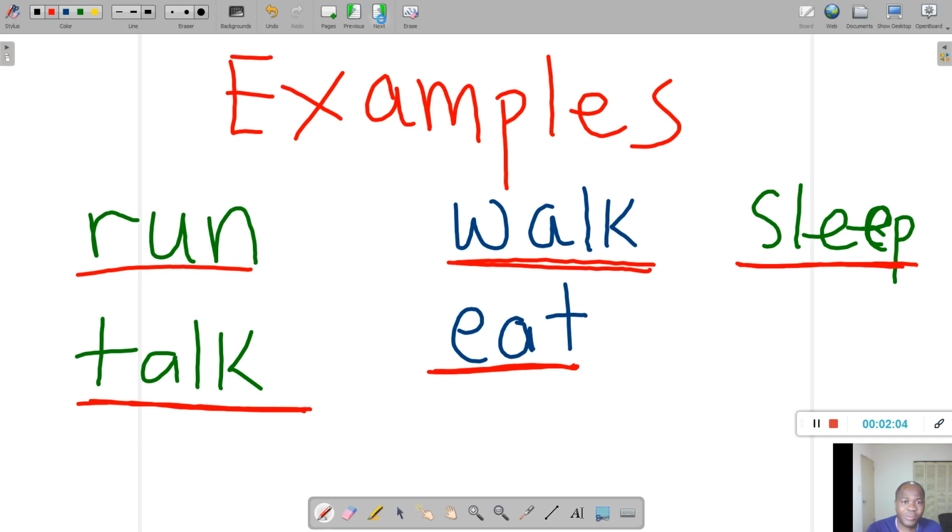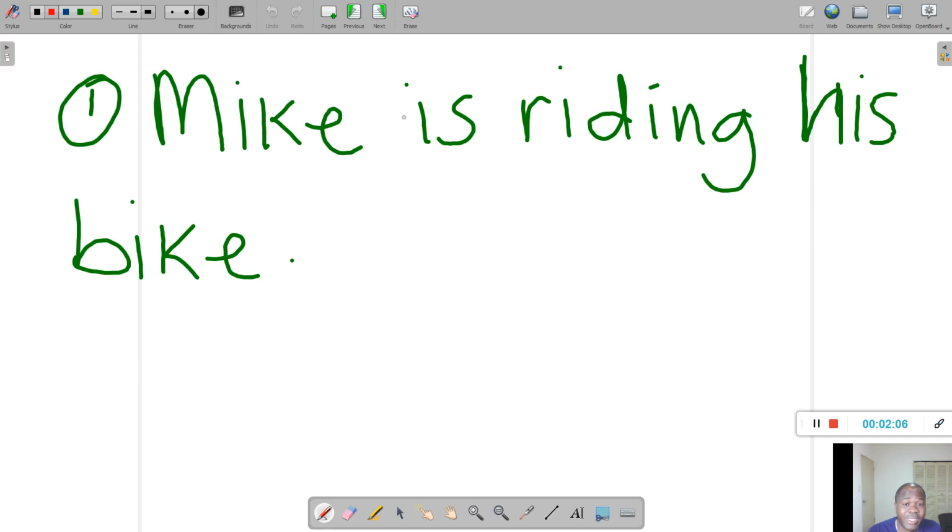Let's move on. Now we're looking at sentences so that we'll be able to identify, itemize, scrutinize the verbs in the sentence. So when we look at our first example sentence, we are saying that Mike is riding his bike. One more time. Mike is riding his bike.